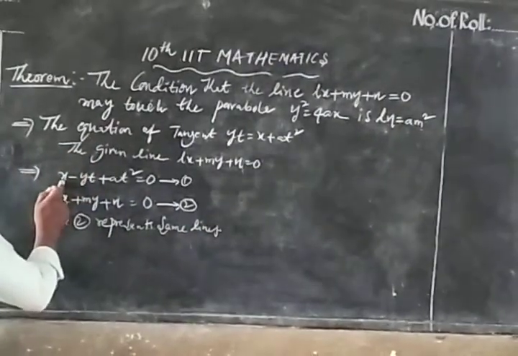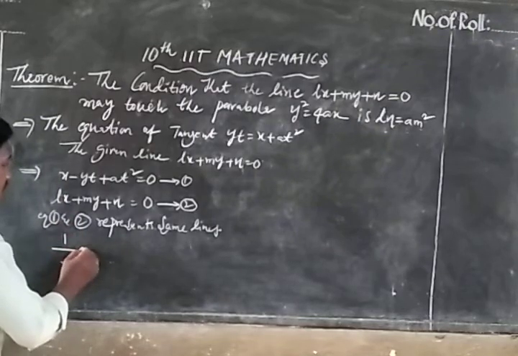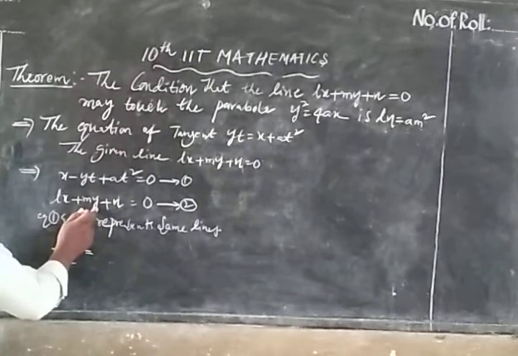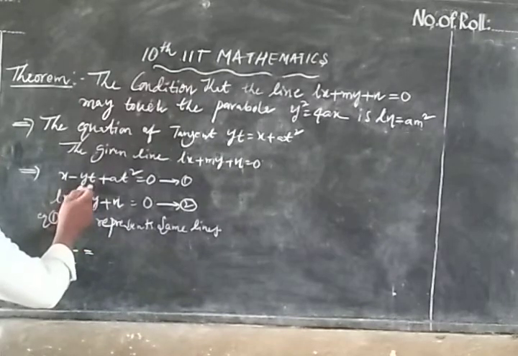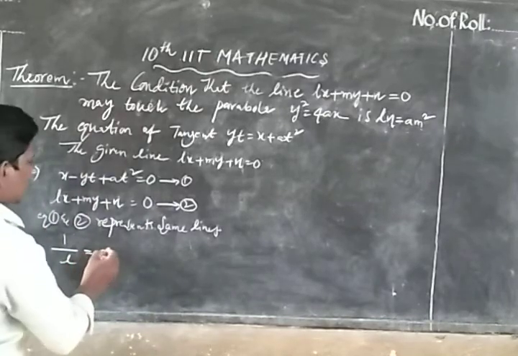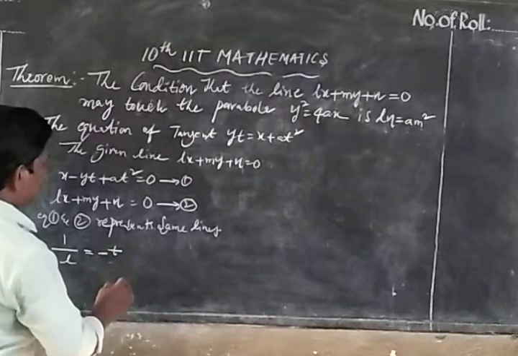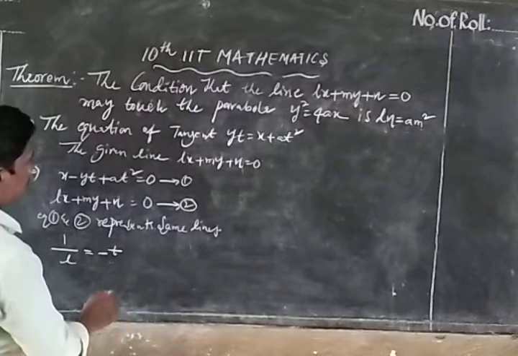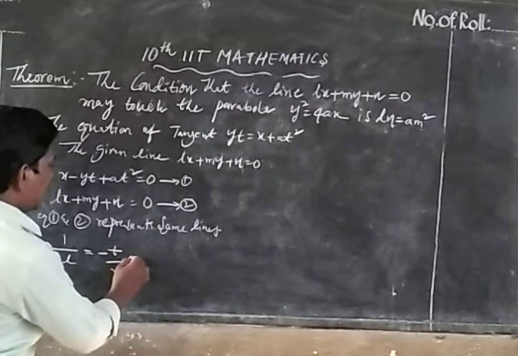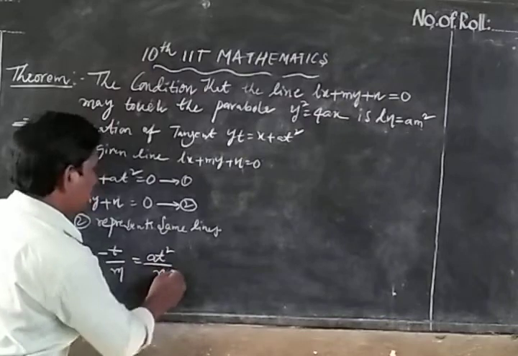What is the coefficient of x? 1 by l equal to the coefficient of y, here m and here minus t, so minus t by m, and at square by n.